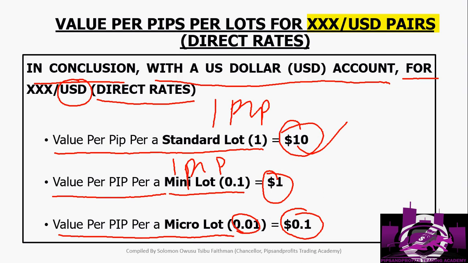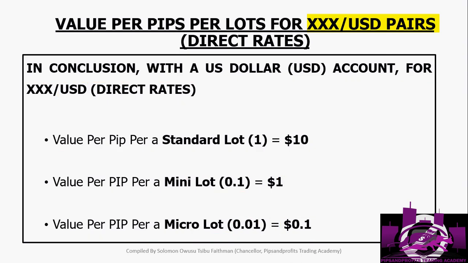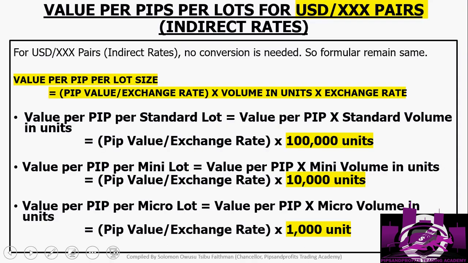a guide to you. So now we want to go to the indirect rate. I will rush through it as well. Okay, now this is the indirect rate. It's the same formula. For USD being the base paired with another currency, that is indirect rate, no conversion is needed.